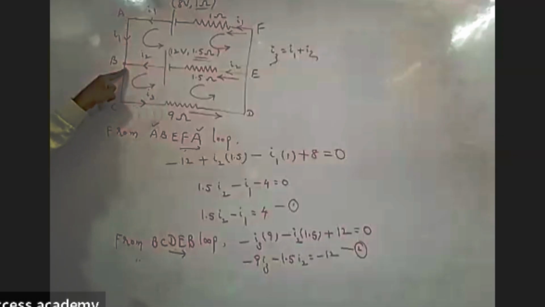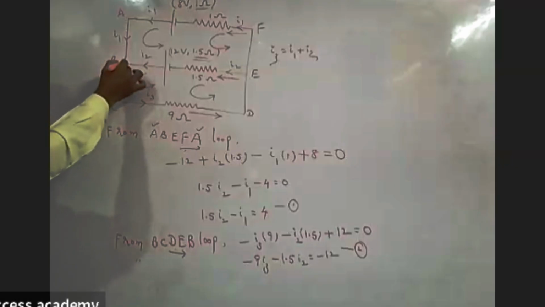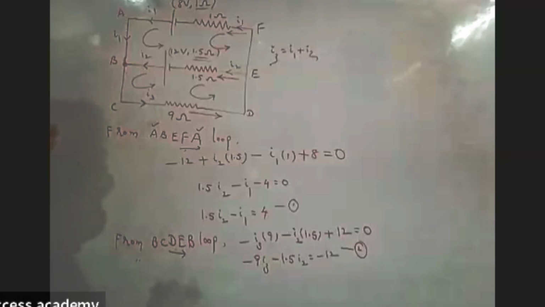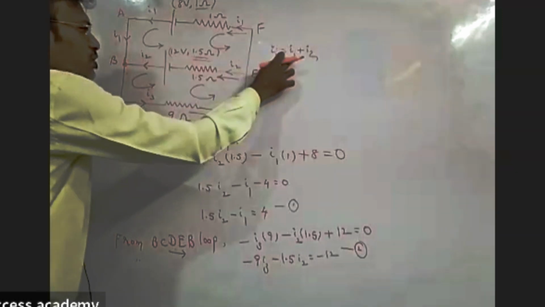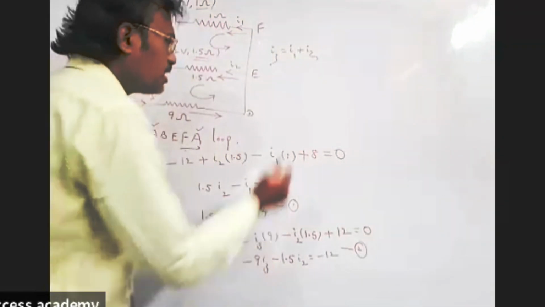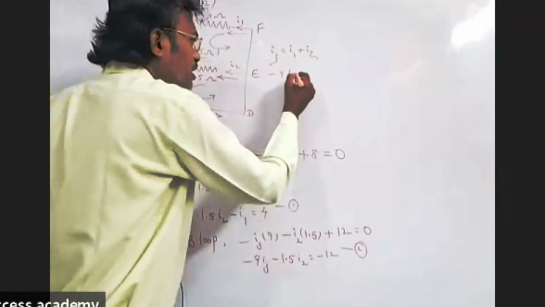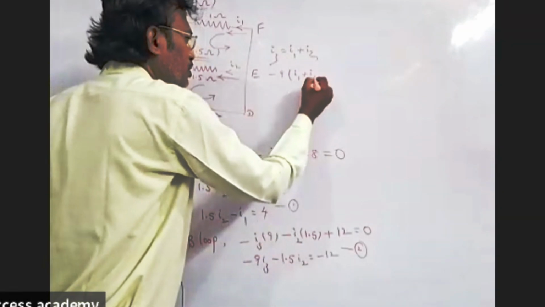Observe the EB branch, I2 is coming. Applying Kirchhoff's first law at junction B, I1 plus I2 is equal to I3.